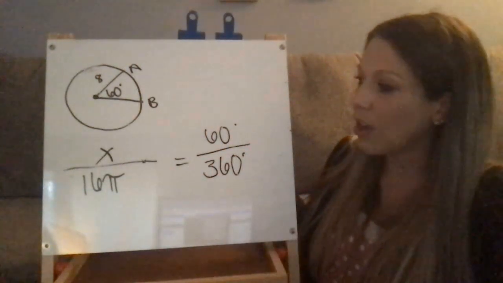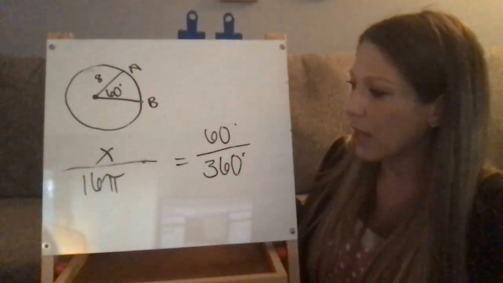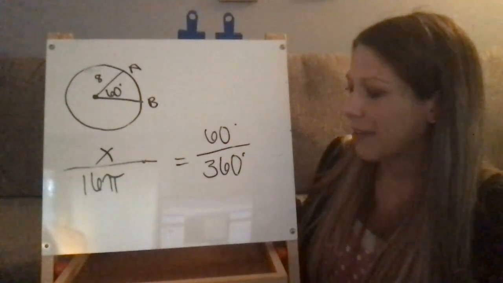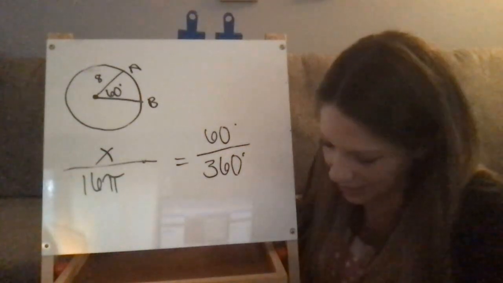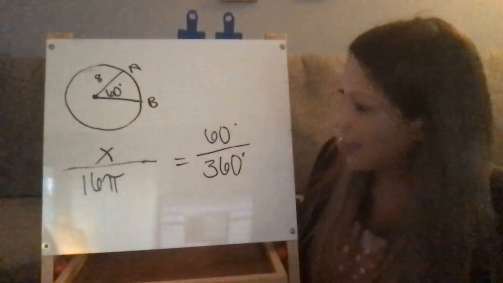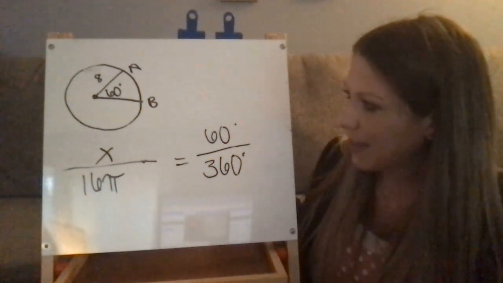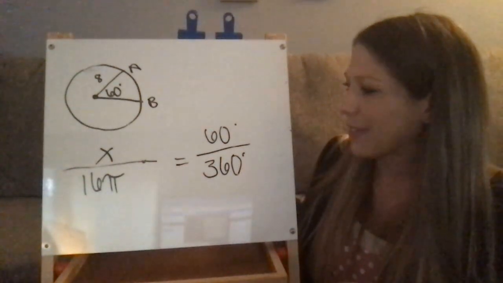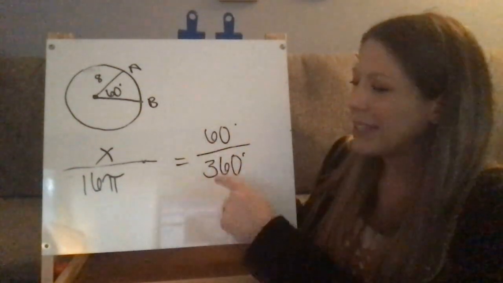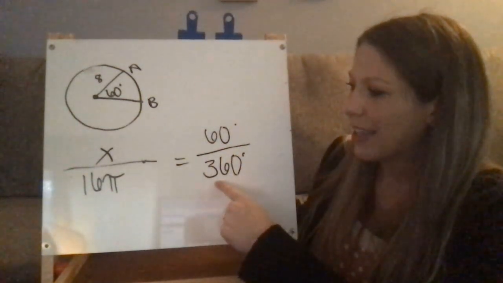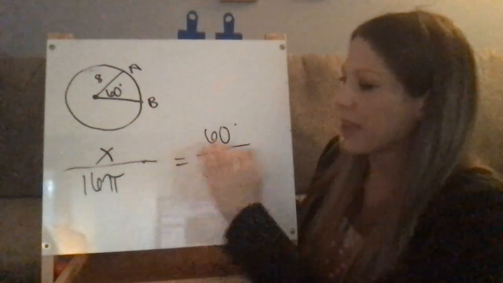And if I were to solve this, there are a couple of different ways to do this. We've got 1/6. Let's just cross multiply. That's going to be the easiest way.